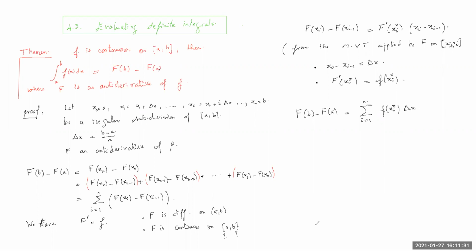So then you can take the limit on both sides. If you take the limit of F(b) minus F(a) as n approaches infinity, we know this quantity is finite because it's the number F(b) minus F(a). Capital F is continuous.